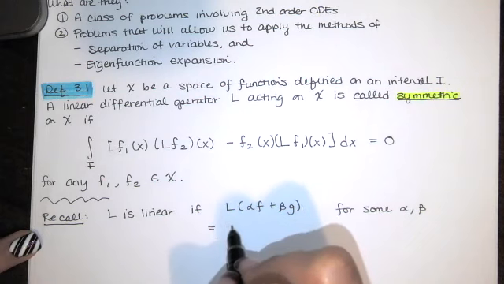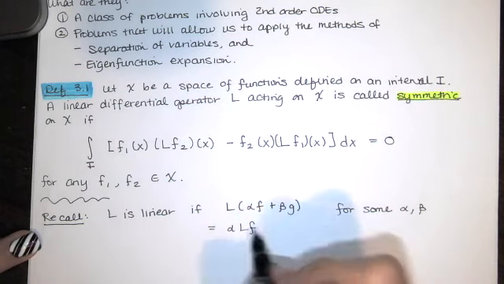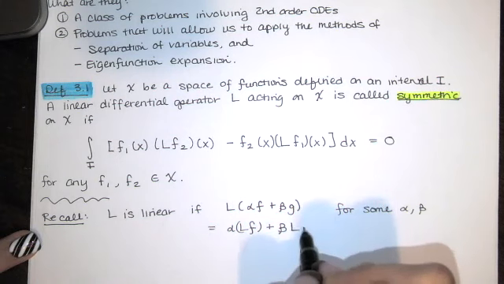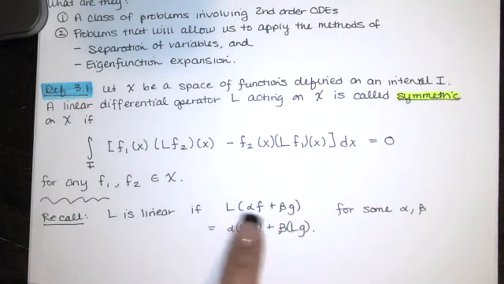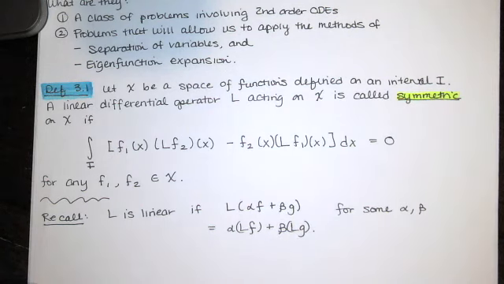If this is equal to this, so you can factor out the constant and apply the operator to f, and then add what you get when you factor out the constant and apply the operator to g, you say that an operator is linear if it behaves like this, for some class or space of functions, f and g. So here's an example of a linear operator.